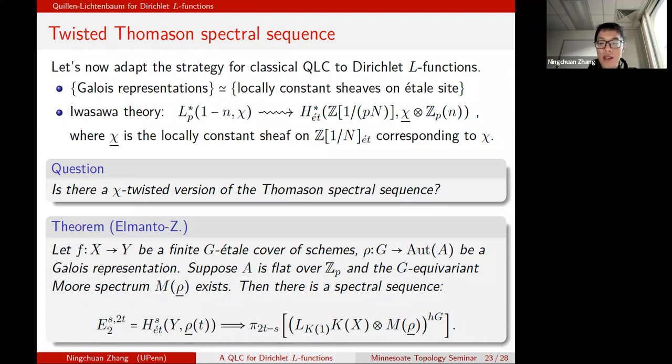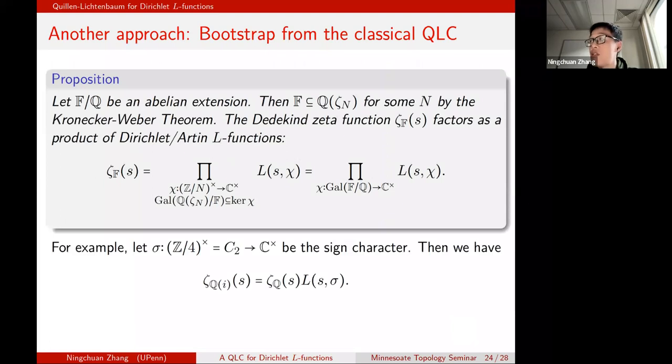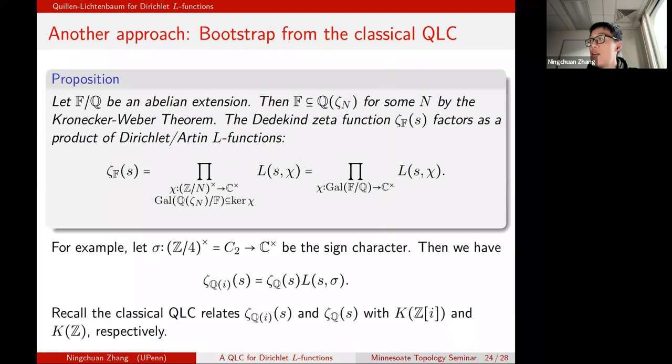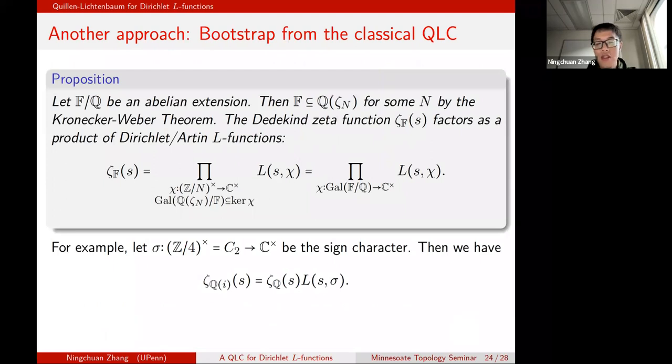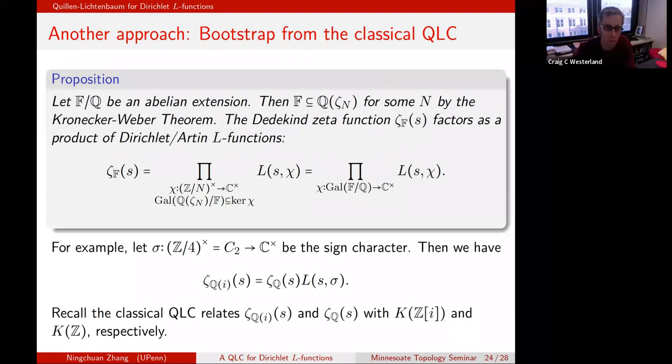That's one strategy. Another approach is a different strategy, independent of the previous one. The last few slides are independent of the twisted Thomason spectral sequence methods.